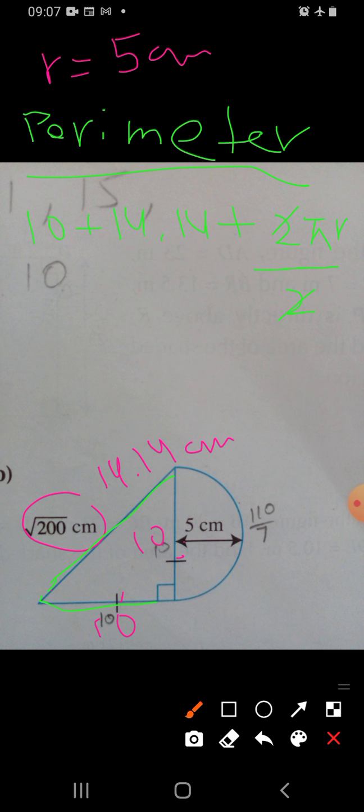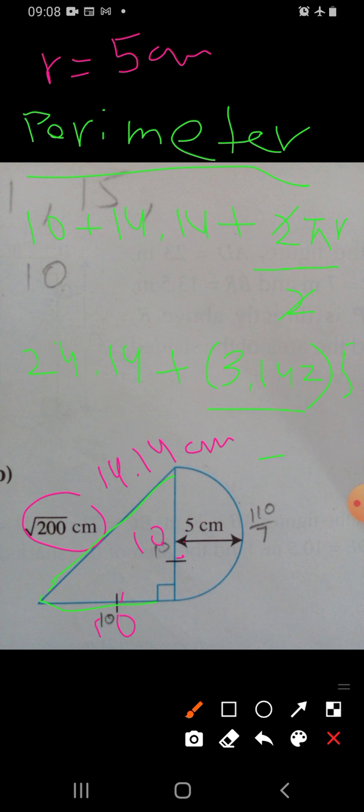So we multiply 3.14 with 5, and what we get is 15.71.